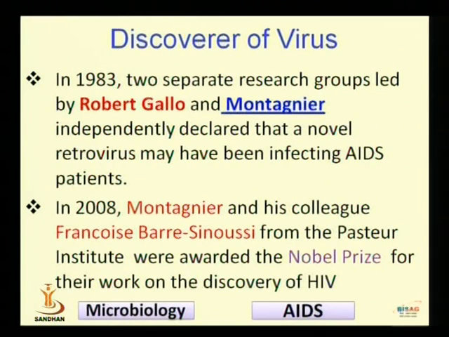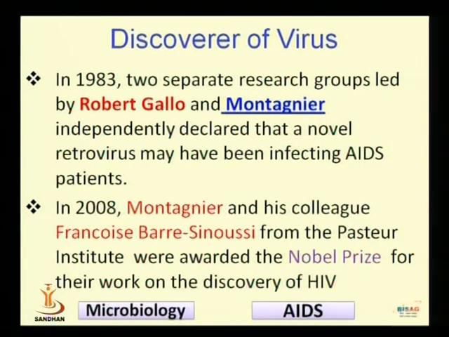These groups were headed by Robert Gallo and Montagnier. They found a novel retrovirus which was responsible for infecting AIDS patients.